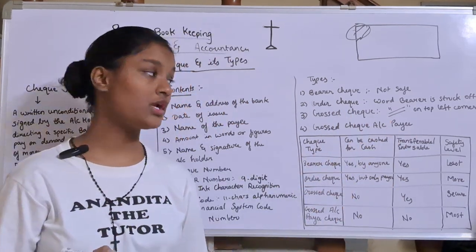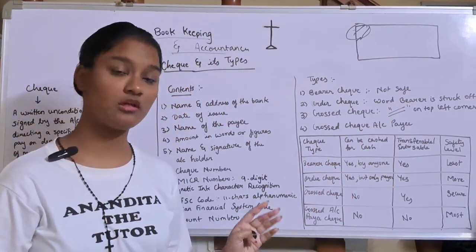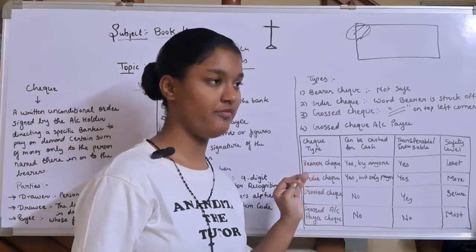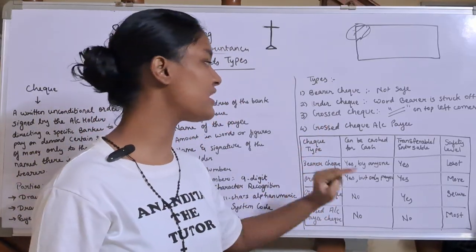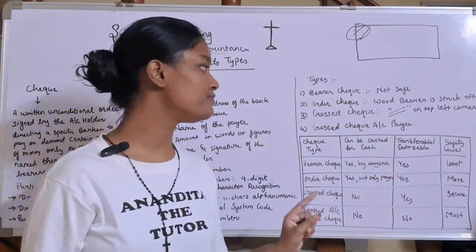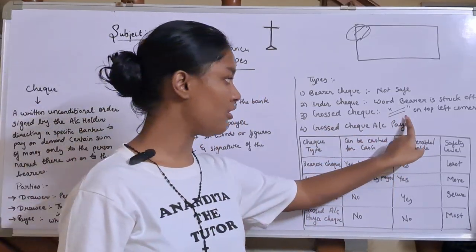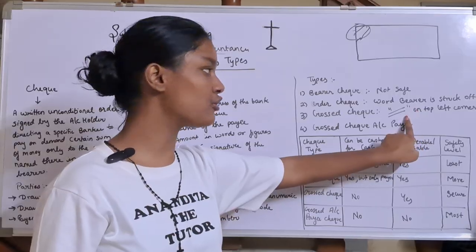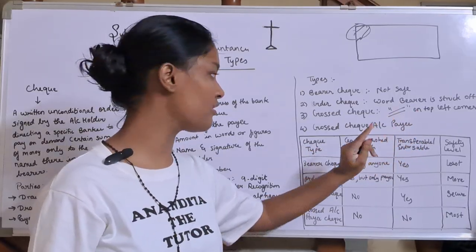Now what is a cross check? Why do we cross the check? And then there is another type in cross check, that is cross check account pay. Now in cross check there are two lines like this, transversal lines.